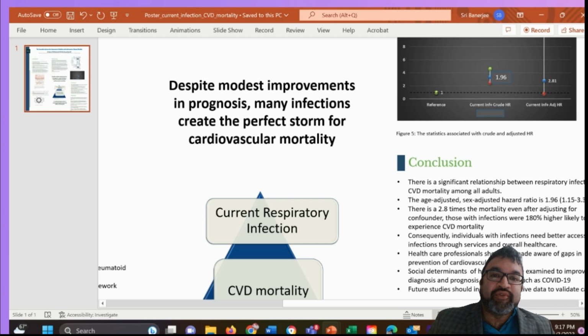Also, we need to avoid antimicrobial resistance; more needs to be done there. Finally, social determinants of health need to be completely tied into this. And if we look at future studies, we would need to conduct more robust longitudinal studies.